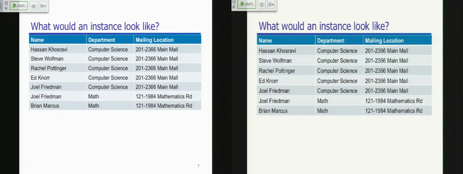And an insertion problem would be, what if I want to add a new department into my database that currently doesn't have any faculty members? So I want to add philosophy and the mailing location of philosophy, but given I don't have any faculty members currently in that department, I can't put anyone as the name, which is part of the primary key.